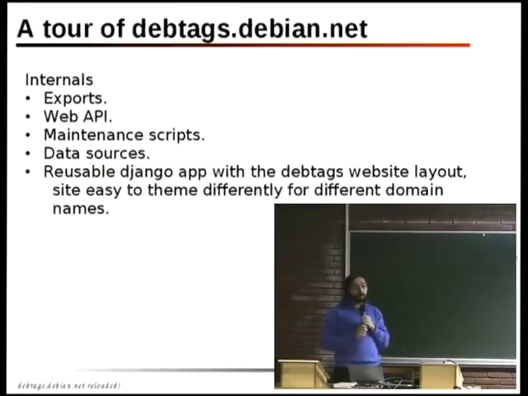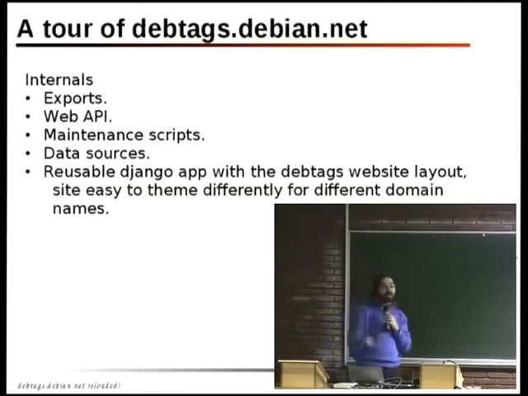If someone from Ubuntu would like to do the work of doing the branding, then I wouldn't mind doing something that says if it comes as debtags.ubuntu.com, then show different branding. That can easily be done. Django also has support for it.